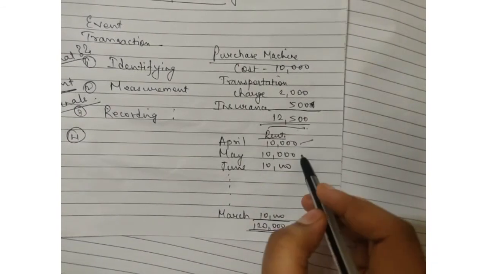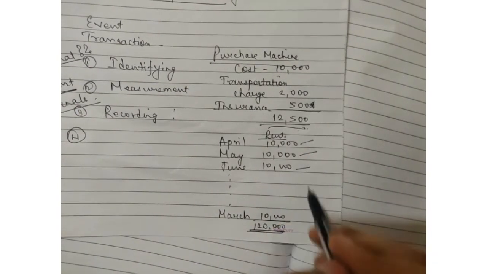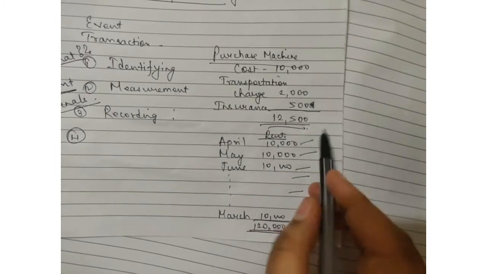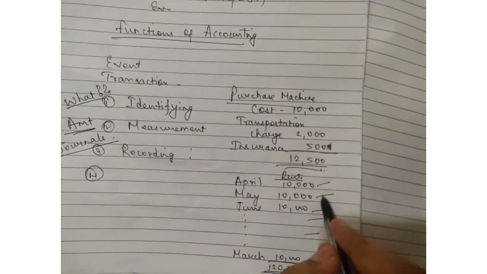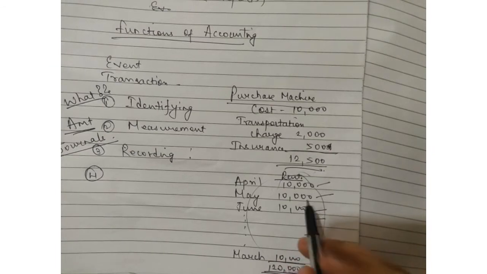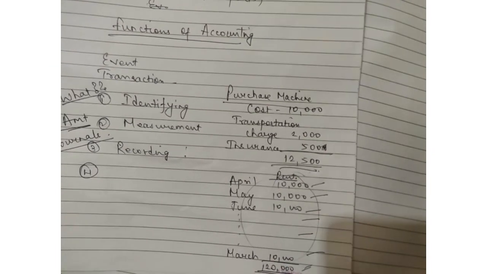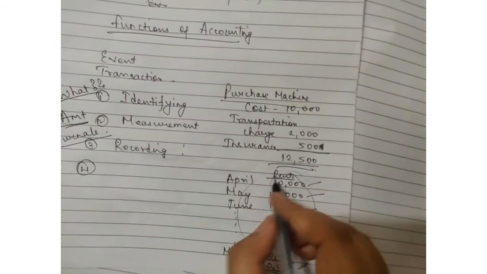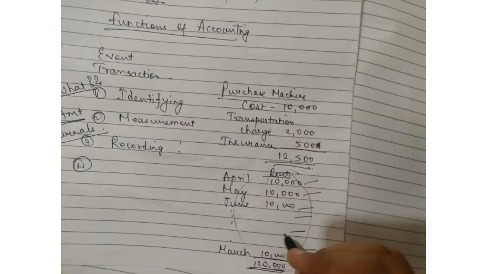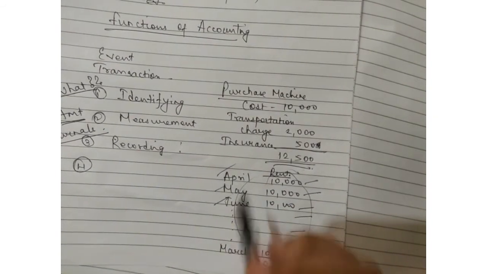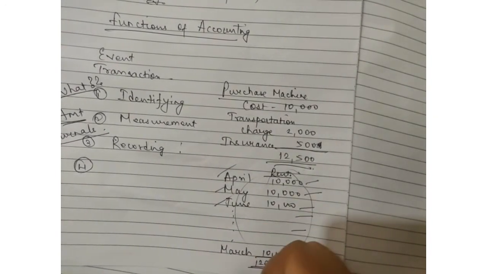Then you recorded it again on 1st May, then on 1st June, 1st July, 1st August, and so on till 1st of March. But all these transactions are of the same nature, that is rent. So you can say that in 1 year, we incurred a total rent of 1,20,000. So at the first instance, you recorded these transactions in the book on the date on which it occurred, that is 1st April, 1st May, 1st June, 1st July till 1st March.